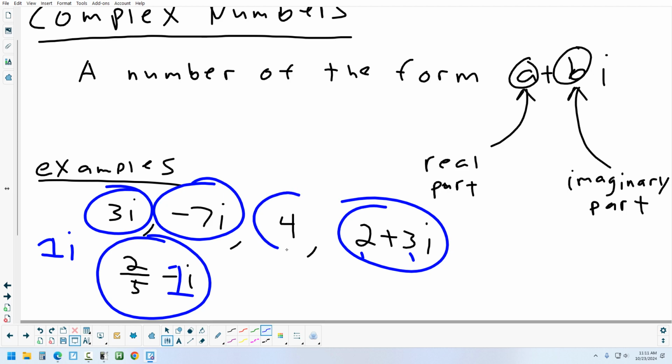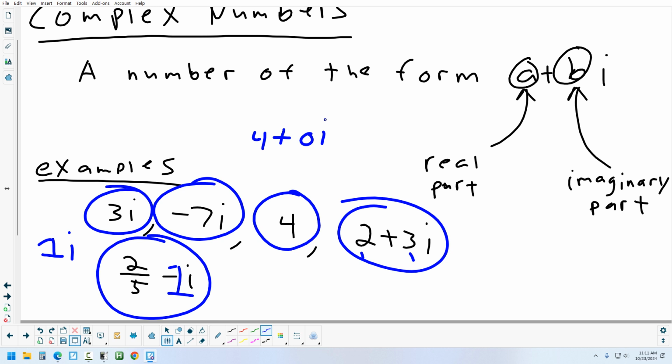This one is just called a real number. You could think of it as 4 plus 0i. When the imaginary part is 0, we normally don't write it. We just write down the number 4. But technically, it has an imaginary part that is 0. So that's the 2 parts to a complex number.